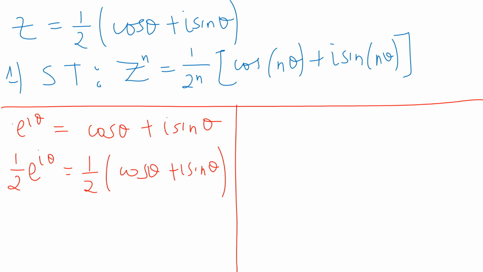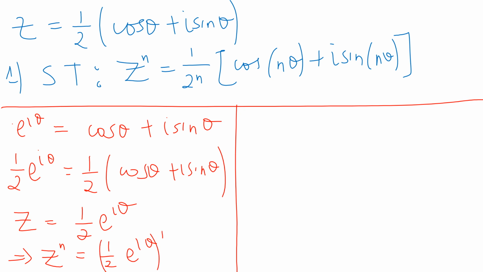But the right hand side is my z. So what can we conclude? First of all, that z is equal to half times e to the i theta. Now raise both sides to the power n. What are you going to have? z to the power n is equal to half e to the i theta raised to the power n.